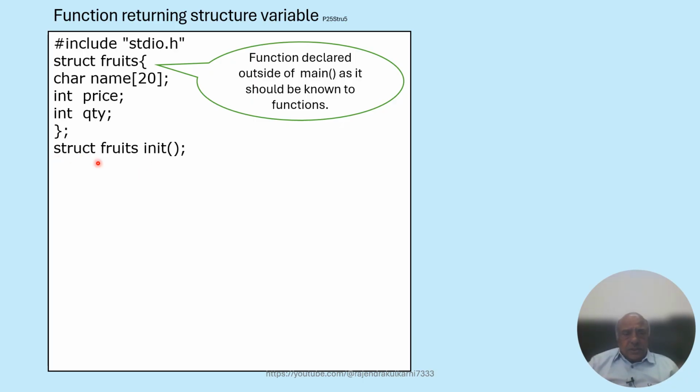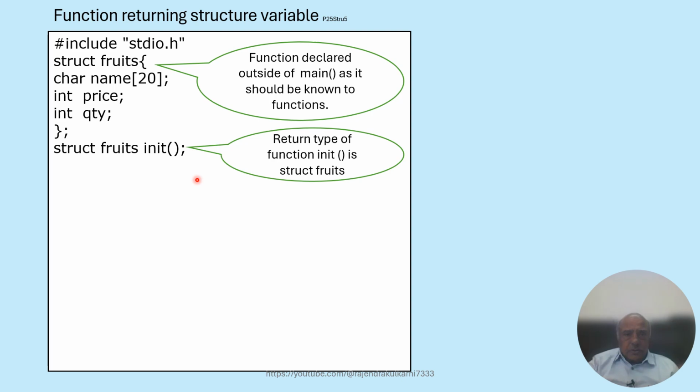This init is the name of the function, to which we are passing nothing, but this function is returning a value of the variable type struct fruits. Then we have declared 2 struct fruits variables f and f new.